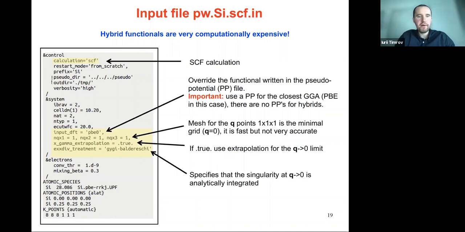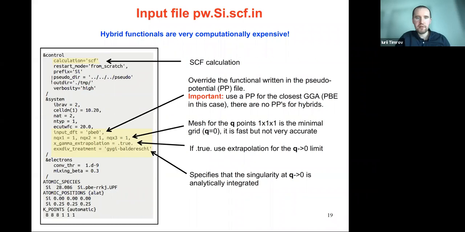What we need to specify is the keyword input_DFT equal to the name of the hybrid functional that we want to use. In this example, we use the PBE0 hybrid functional, so we write PBE0. If you want to use B3LYP or HSE, you write B3LYP or HSE respectively.